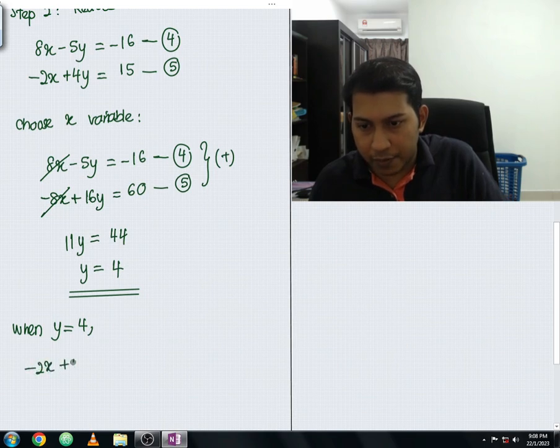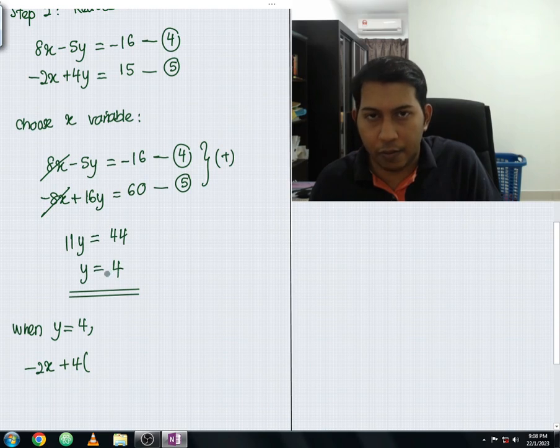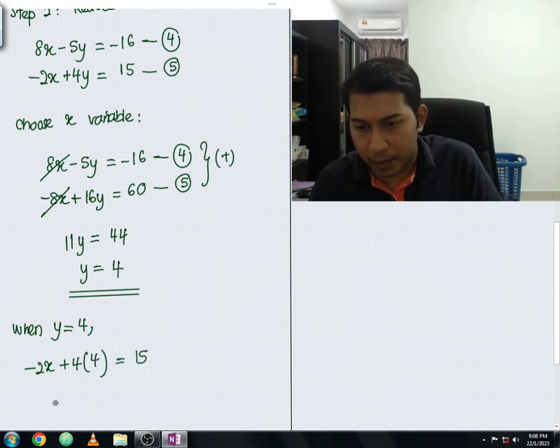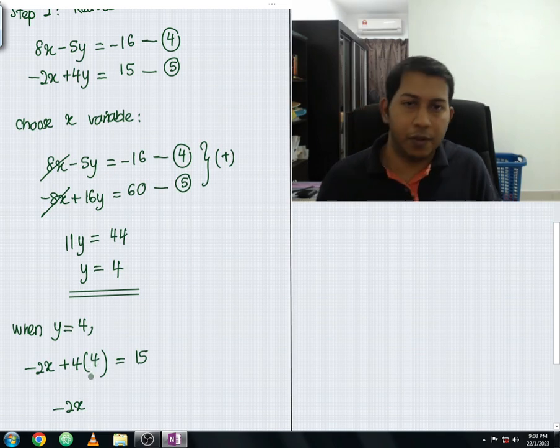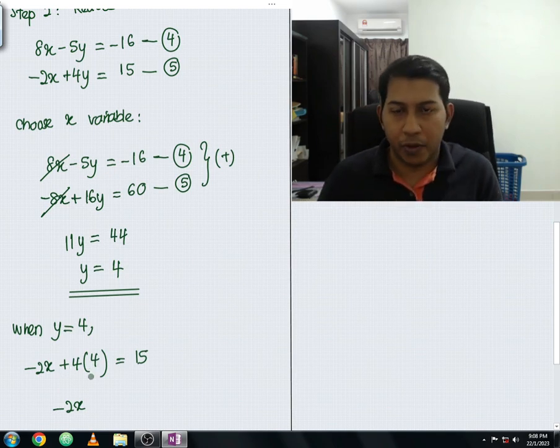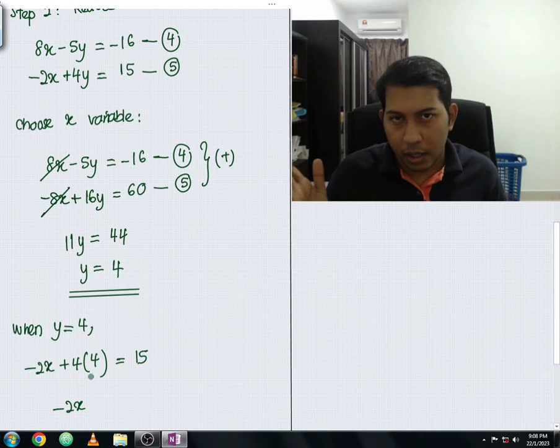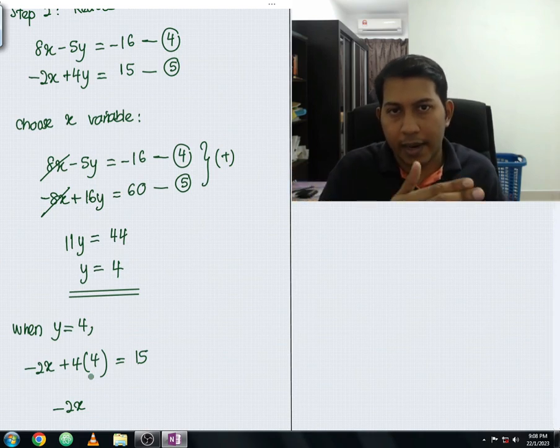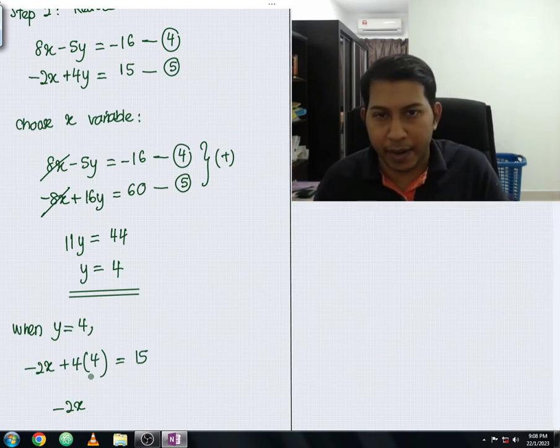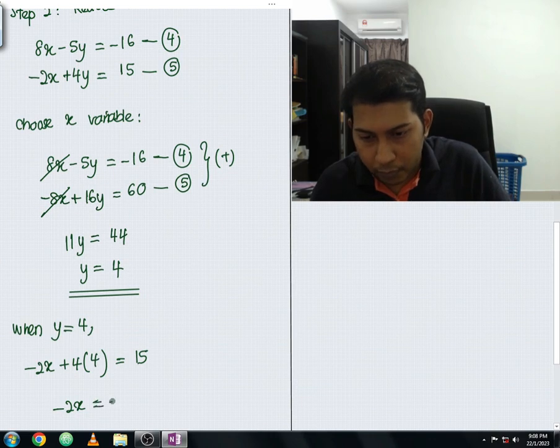So -2x plus 4, and instead of writing y, now you can just substitute the value of y, which is 4. 4 times 4 is equal to 15. So from here, -2x, 4 times 4 will be 16. 16 from the left hand side, you move it over to the right hand side, it will be -16. 15 minus 16 will be -1.